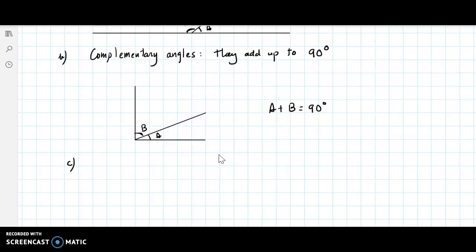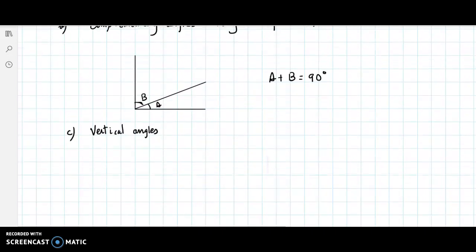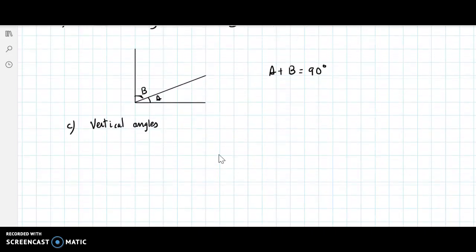And C, we have vertical angles. So they share the same vertex.